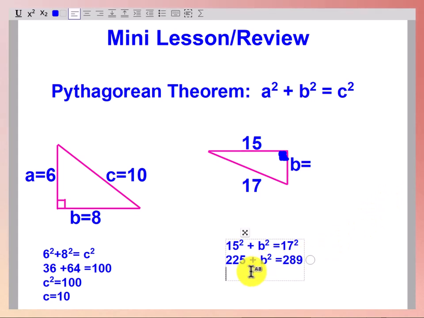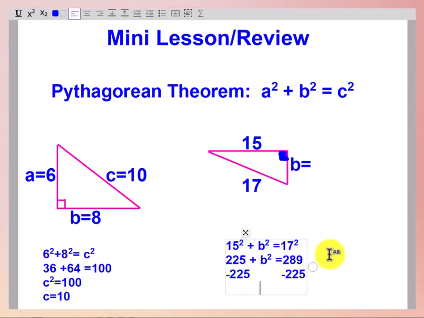All right, now what we're going to do is subtract 225 from both sides. So I'm going to line that up where it goes. Save some room. All right, now I'm not going to draw the line. I'm just going to bring down the b squared because 225 minus 225 is 0.